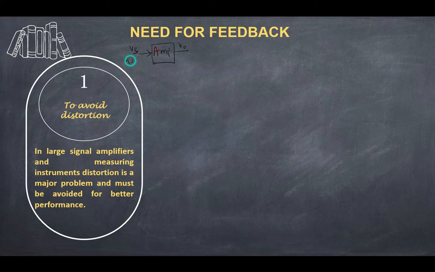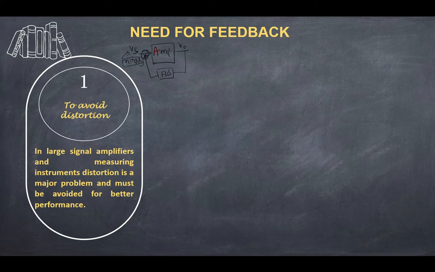Along with the signal there will be noise present, the surrounding noise. This also gets amplified. In case I connect a feedback network, which is also connected to the same junction, the noise remains the same.